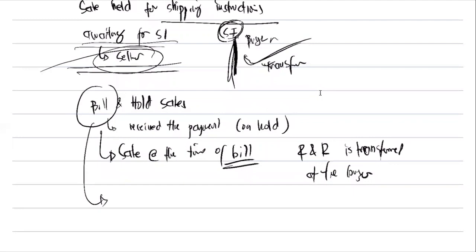Therefore, if there is a bill and hold sale, do not include this as part of your inventory. It is part of the inventory of the buyer, but not part of the inventory of the seller. So exclude it as inventory of the seller.